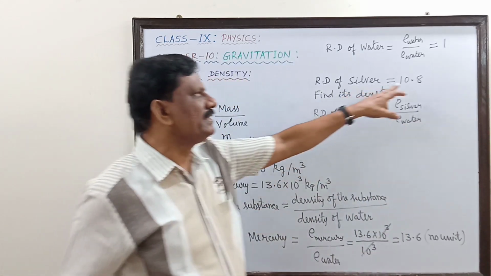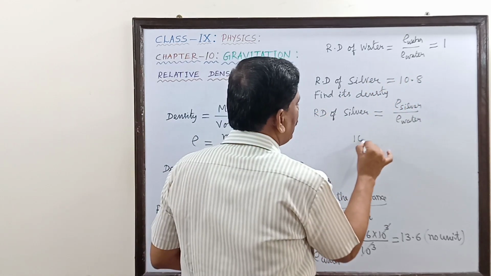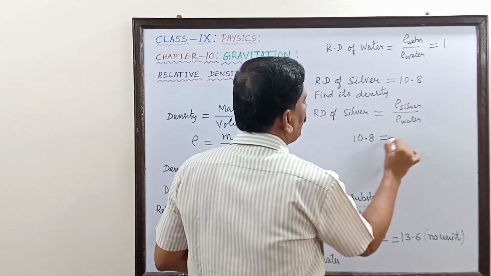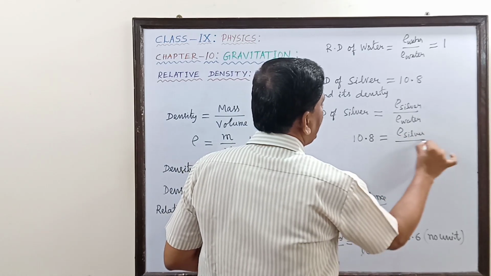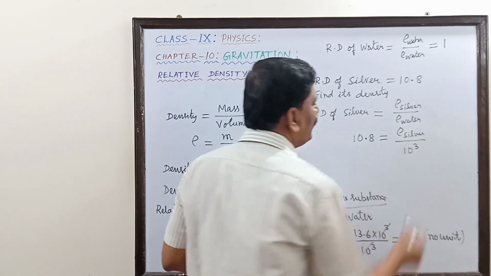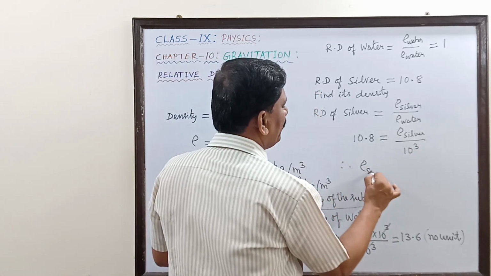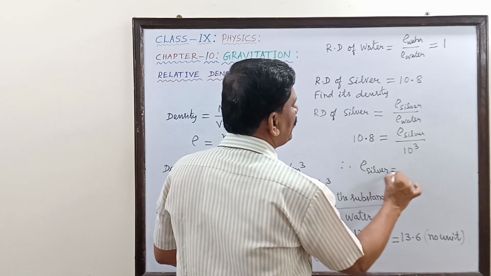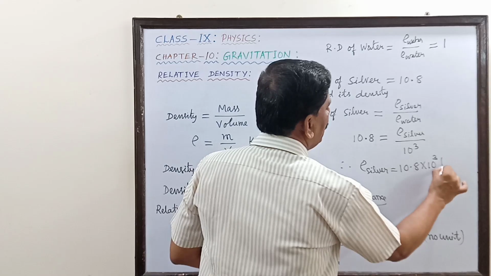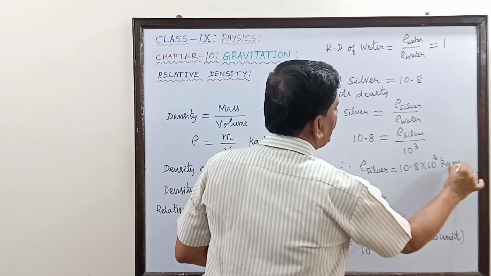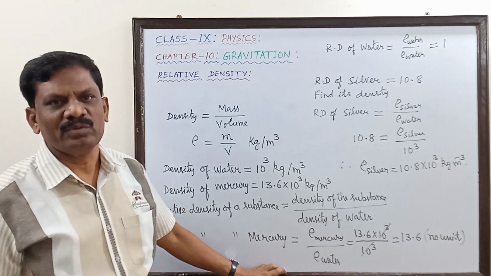The relative density of silver given in the sum is 10.8. So 10.8 is equal to density of silver divided by density of water, 10 power 3. Therefore, density of silver must be equal to 10.8 into 10 power 3 kilogram per meter cube.